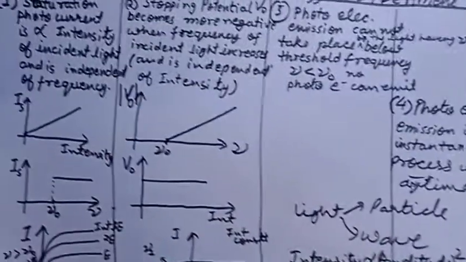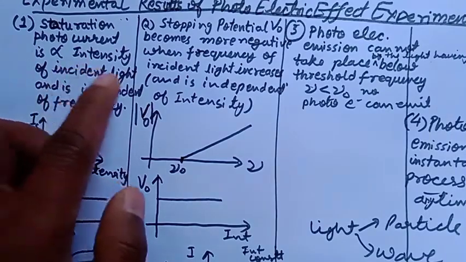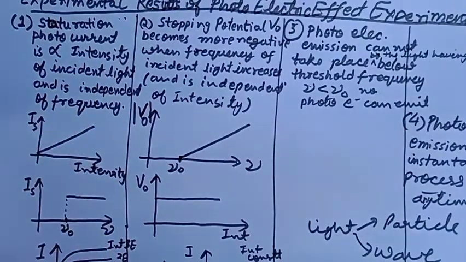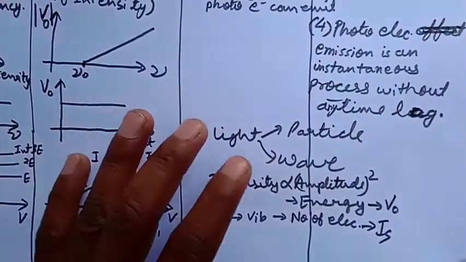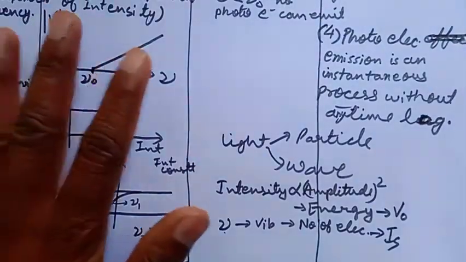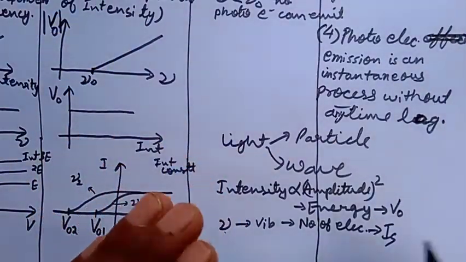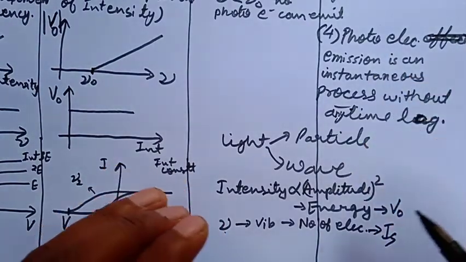But here the saturation photocurrent is directly proportional to intensity and independent of frequency. This also failed. All of these experimental results were opposite to wave theory. Last one, it is an instantaneous process.